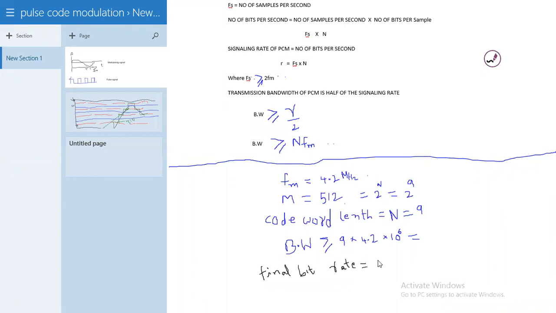That is nothing but a signaling rate. fs into n, that is 2 into fm into n, capital N. This is the final bit rate or signaling rate. How much here? 75.6 megahertz. Very good.